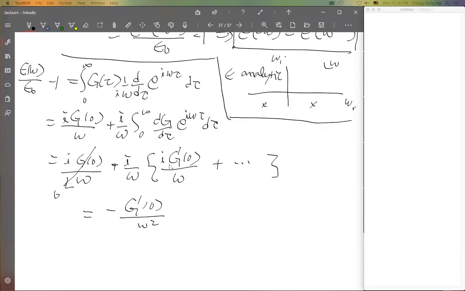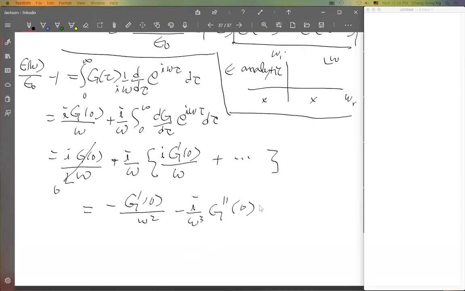All right, and the third term will have another i here. So what you get is a minus i over omega cubed times G double prime(0). So the real part will have 1 over omega squared, and the imaginary part will be the leading order 1 over omega cubed.